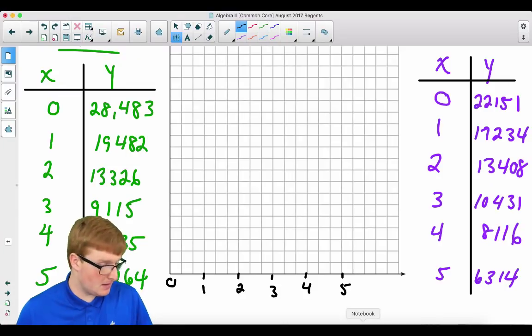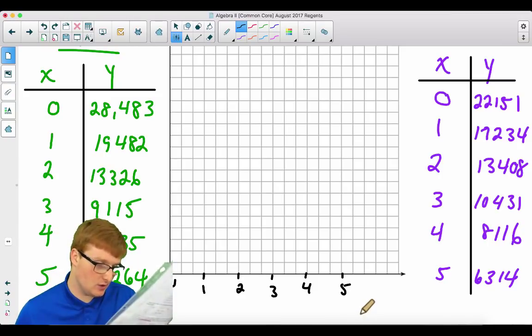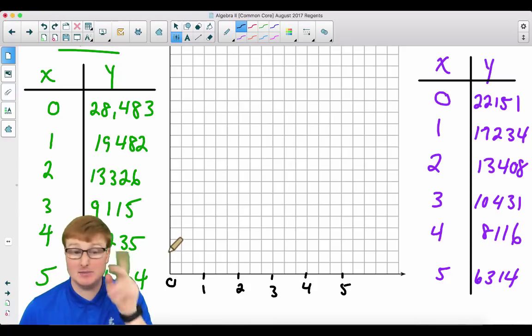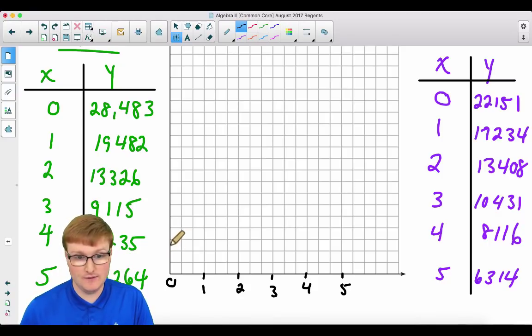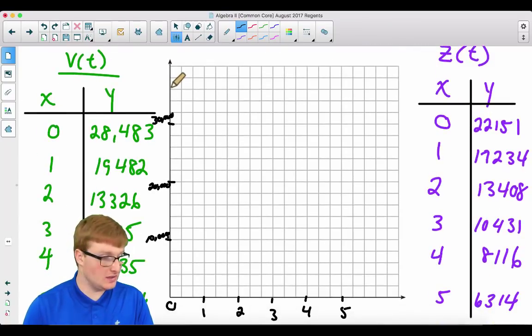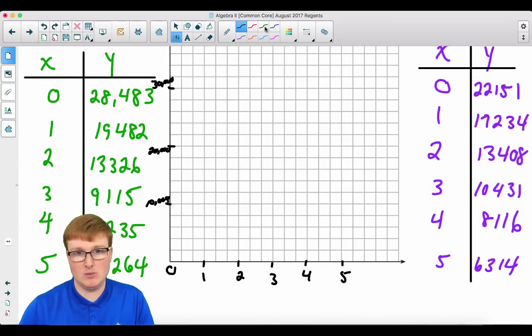I counted by 2,000, so 2, 4, 6, 8, this is 10,000. 2, 4, 6, 8, this is 20,000. 2, 4, 6, 8, 30,000. Okay, so we definitely know it's up there somewhere.